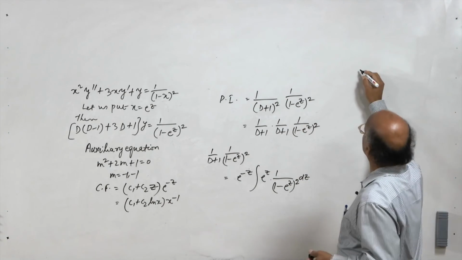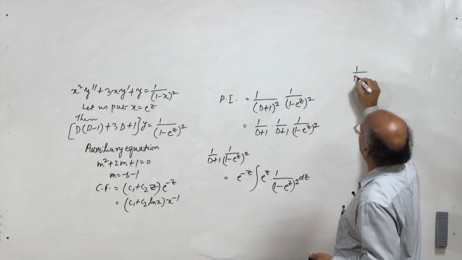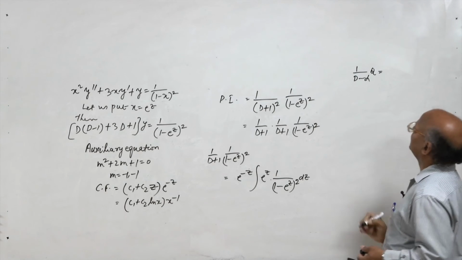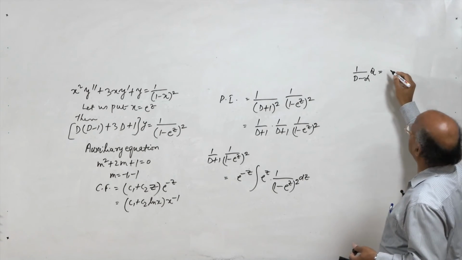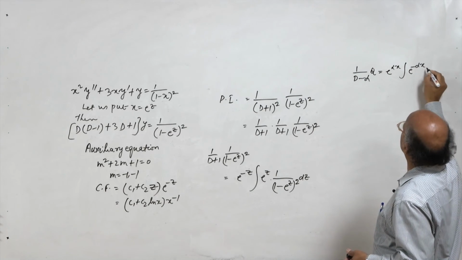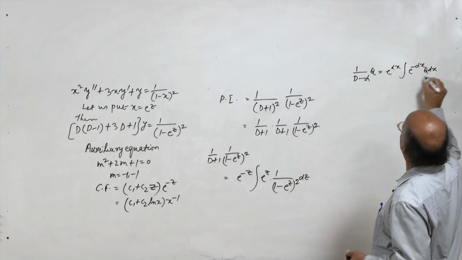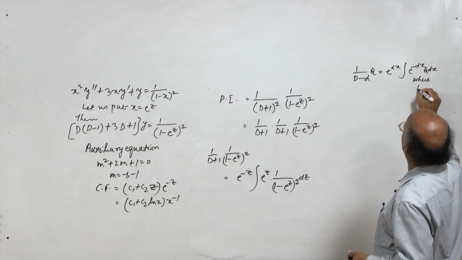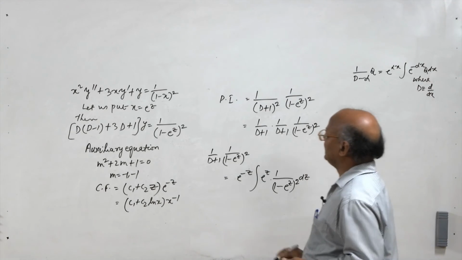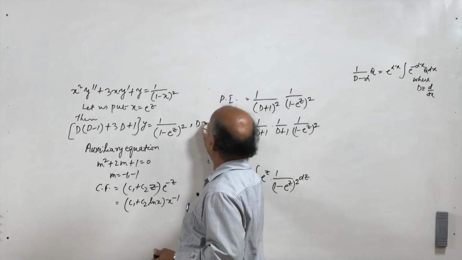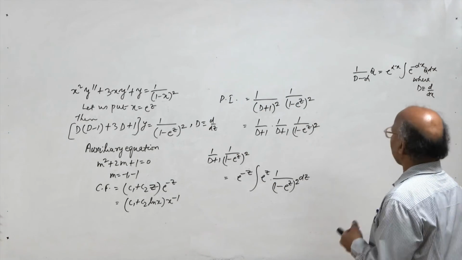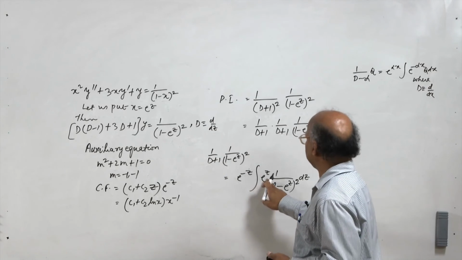If you remember, in the general method we had said that 1 over D minus alpha when it operates on Q, Q is a function of x and D is d over dx, then we had the formula e to the power alpha x integral e to the power minus alpha x Q dx. Now here remember D is d over dz. So we will have alpha as minus 1, so e to the power minus z, e to the power z upon this.